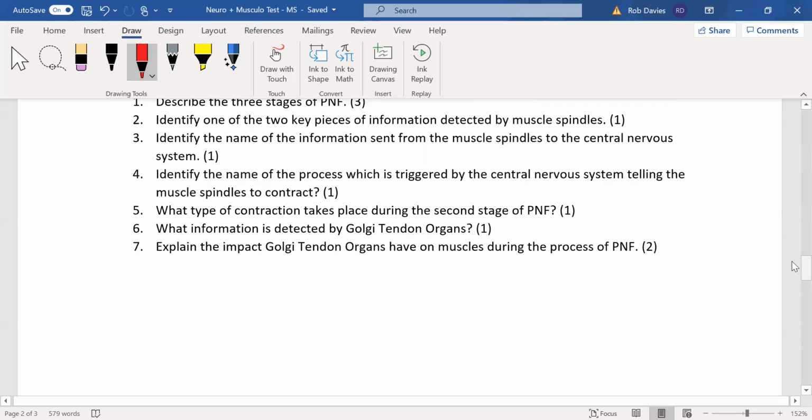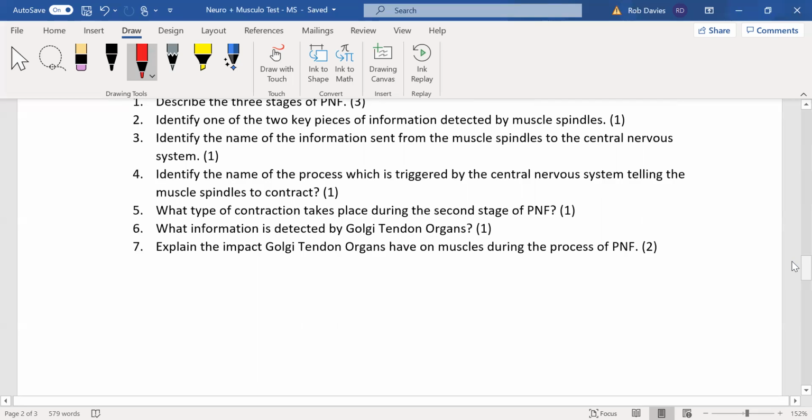And because it's overriding that initial signal to say there's too much of a stretch taking place, there's then a relaxation of that muscle, and then when your partner pushes again, the stretch can be increased.